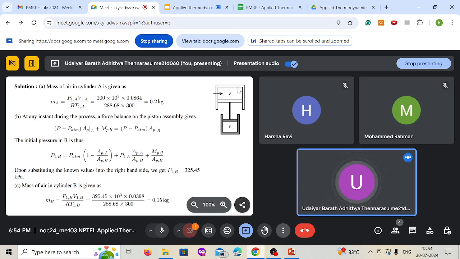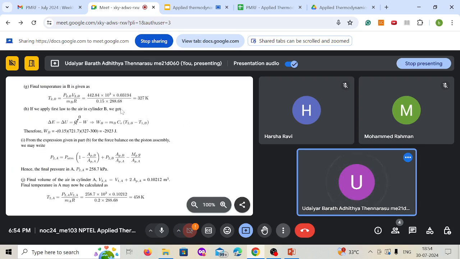This work is utilized in compressing B, overcoming atmospheric pressure, and also the work done on the piston in reducing its height or changing its potential energy.